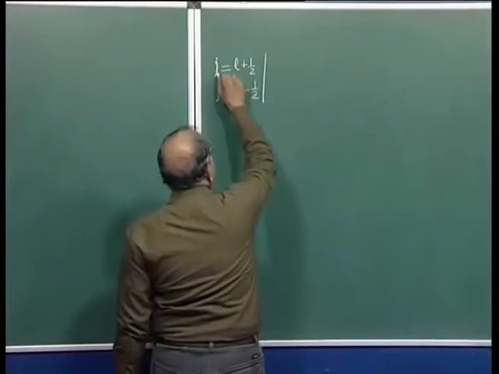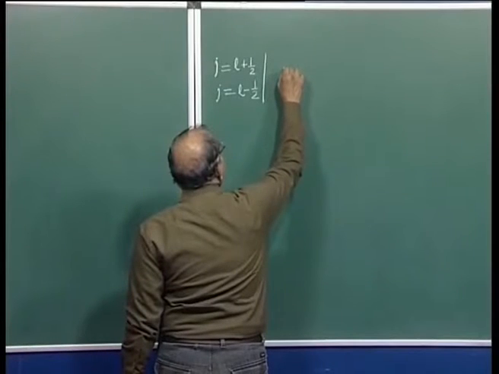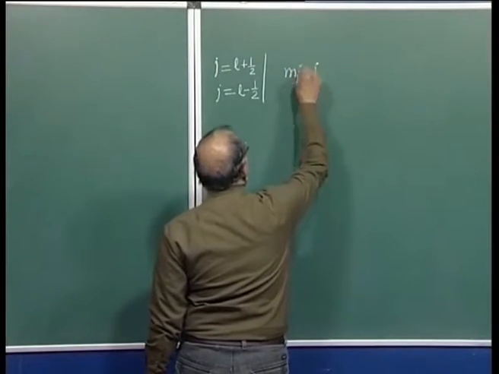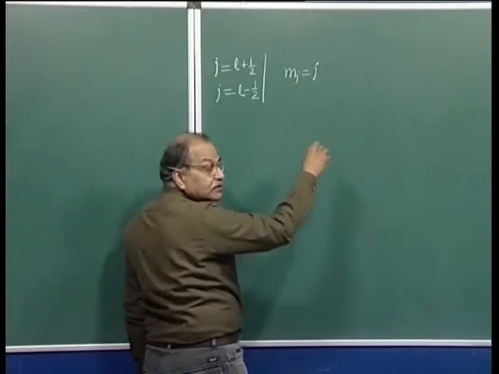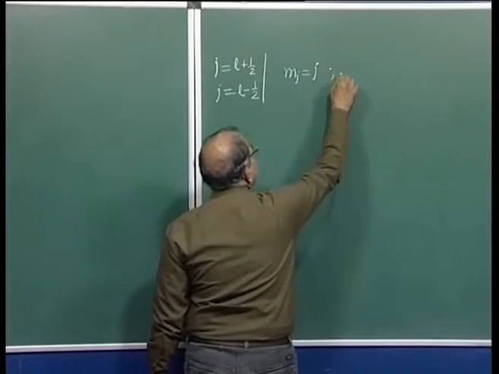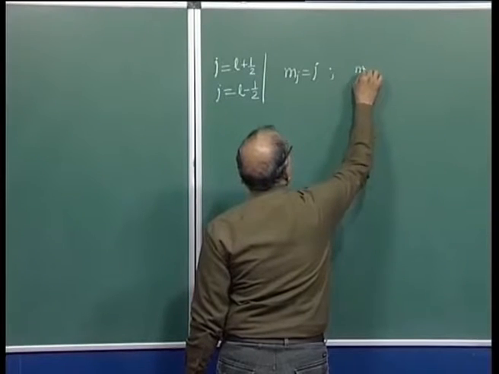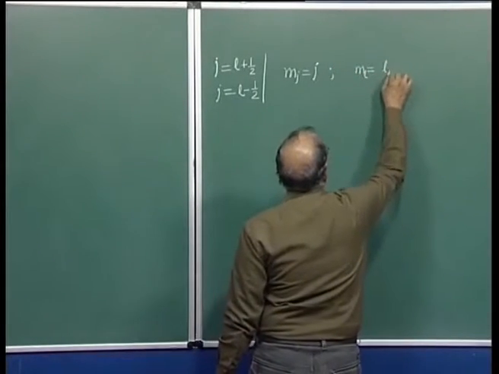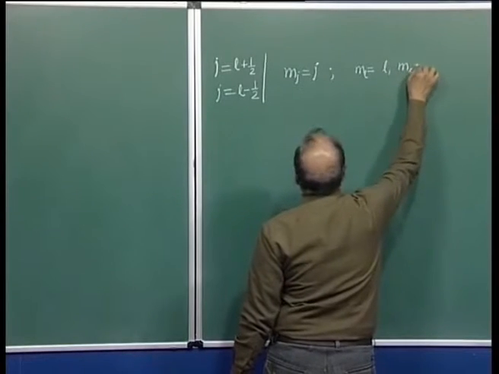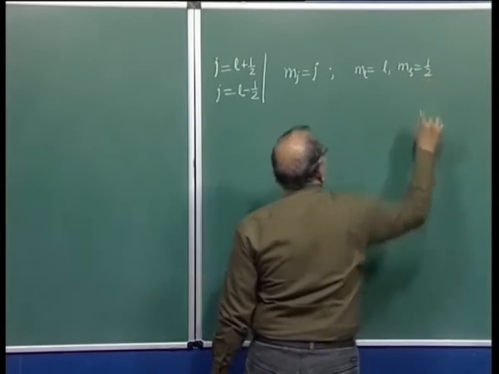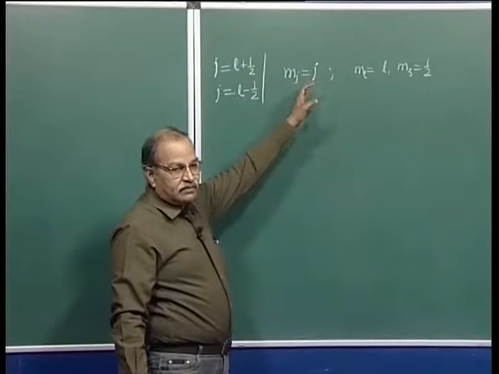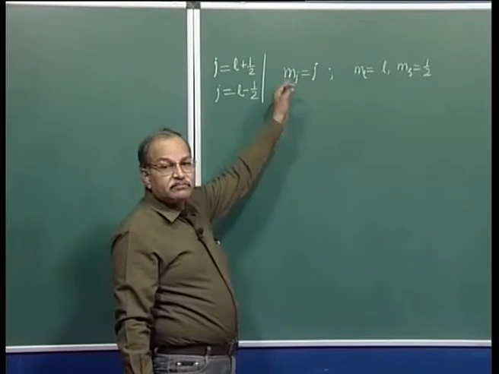If J is L plus half and I demand that Mj should be equal to J in that state we are working, the only possibilities are that Ml is equal to L and Ms is equal to half. That case we discussed, it is simple to calculate the expectation value of mu z.